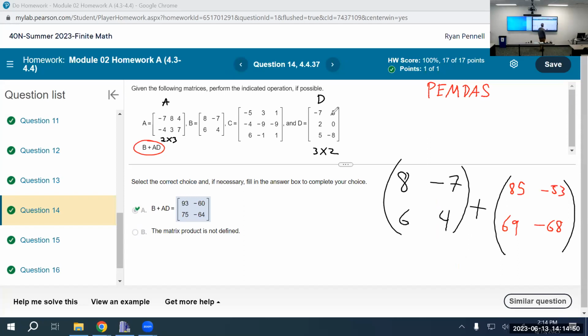Hopefully I did my arithmetic correctly. 8 and 85, 93. Negative 7, negative 53, negative 60. 6 and 69, 75, and 4 and negative 68, negative 64. Yep. All right.